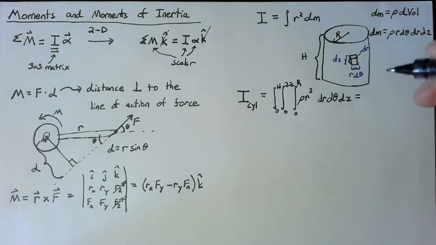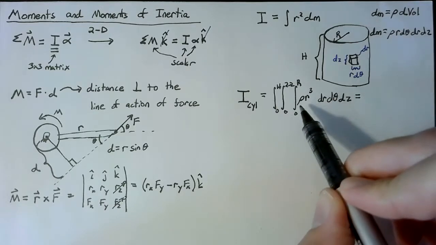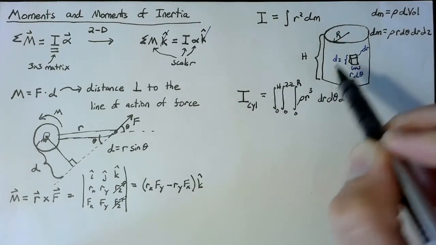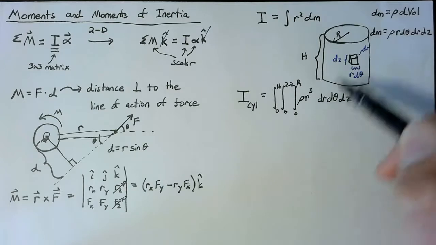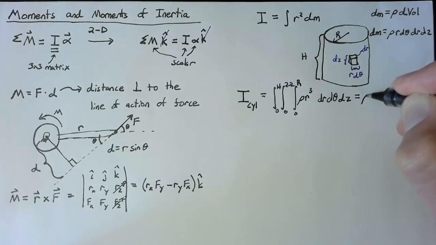Now we can split this into its pieces. For this problem, I'm going to assume that rho is constant, that we have constant density. It's the same material throughout. So rho is going to go to the outside. We're not going to worry about it.